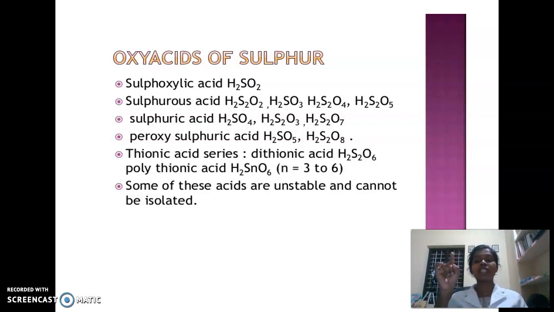Where H2S2O7 is oleum. We already know oleum, which is formed during the contact process on the fourth stage, that is H2S2O7. Then another thionic acid series is also formed there. Dithionic acid is also formed there. Polythionic acid is also formed there. But some acids are stable and some acids are unstable. They cannot be isolated.